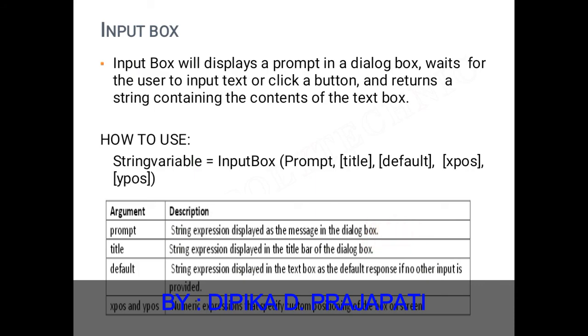Title is a string expression displayed in the title bar of the dialog box. Default is a string expression displayed in the text box as the default response if no other input is provided. X position and y position are numeric expressions that specify custom positioning of the box on the screen.